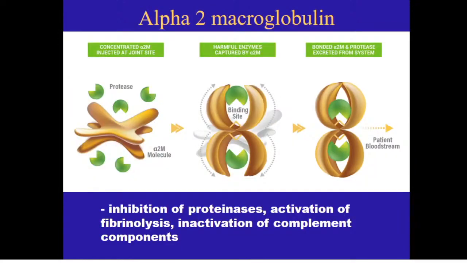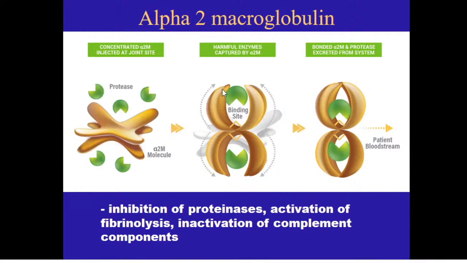Another important plasma protein is alpha-2 macroglobulin. This is an inhibitor of proteinases, activation of fibrinolysis to prevent thrombosis at necessary time, and inactivation of complement components which are proteolytic and can be dangerous for ourselves.